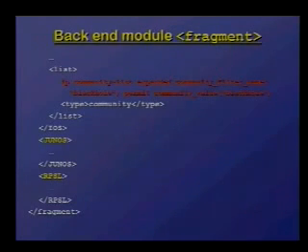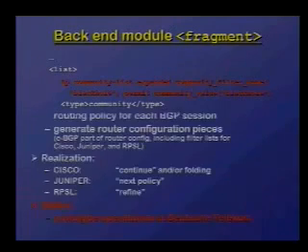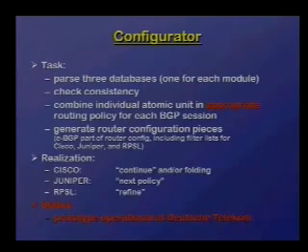Now, of course, what I've shown you over here was only the part for the Cisco IOS, but for Junos, we have a similar version as well as for RPSL, and it's easily possible to expand this for other router vendors.